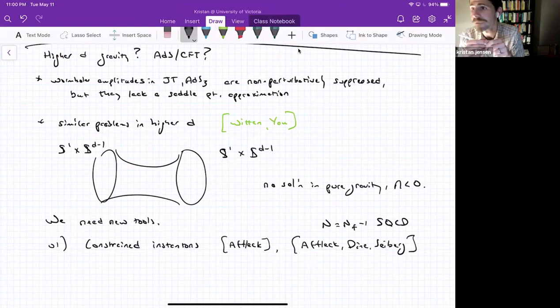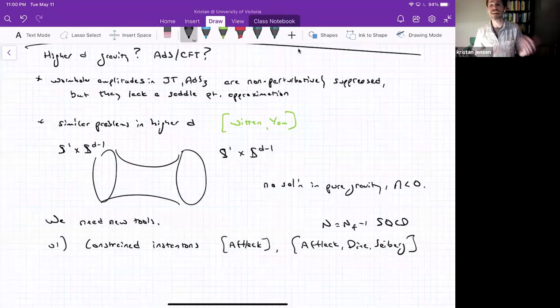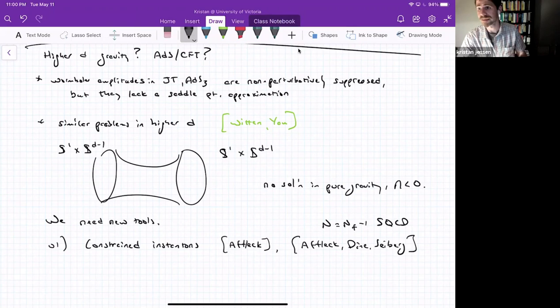And in that case, you can find new solutions to the constraint problem. Those are the constrained instantons. But then you have to integrate over the constraints. You end up integrating over a family of constrained instantons, and that allows you to get these corrections. And what you can do is adapt that method to Einstein gravity and find new configurations, new nearly saddles.